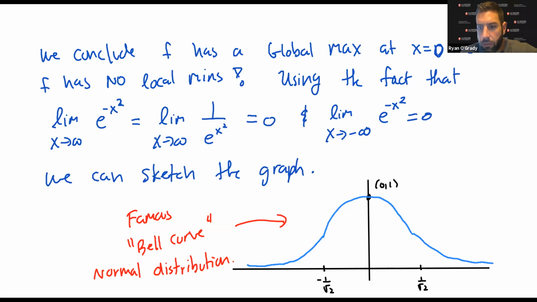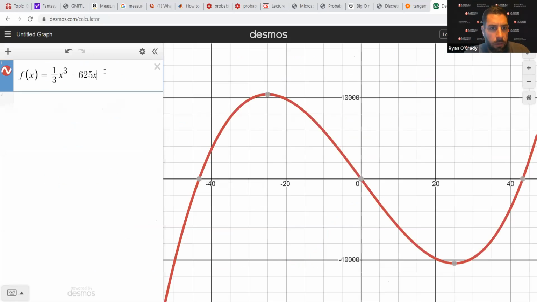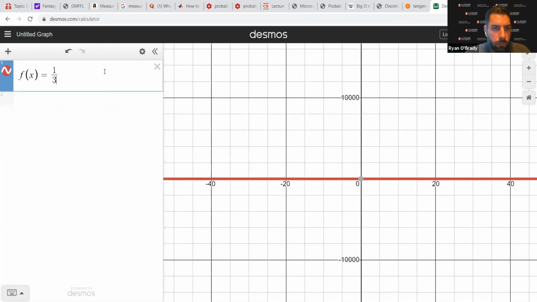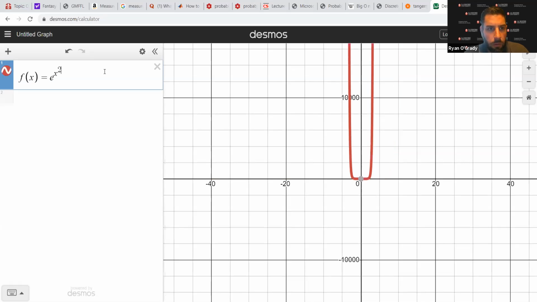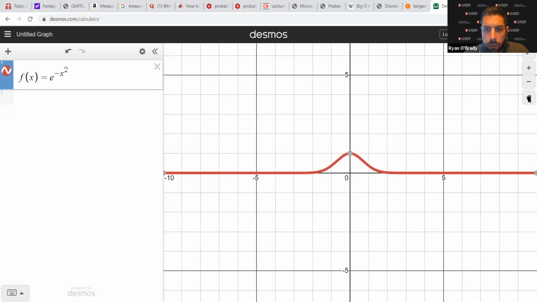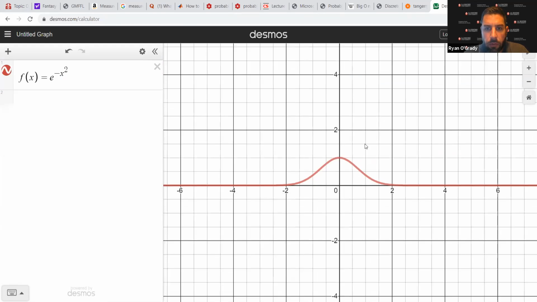All right, so one of the things to note is we can go graph this real quick. And if we do that, we get what I just drew, the old bell curve.